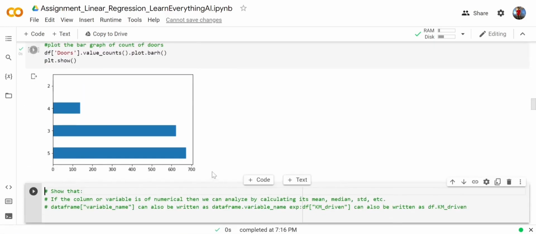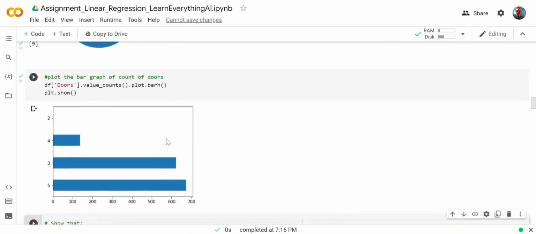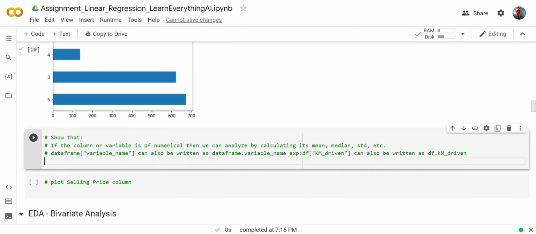As we can see, there are around 700 cars that have 5 doors. There are 600 cars that have 3 doors, and there are around 150 cars that have 4 doors. So that is our analysis here.